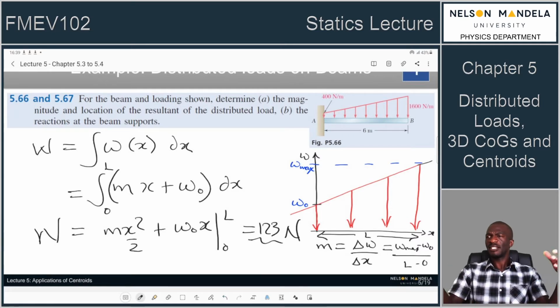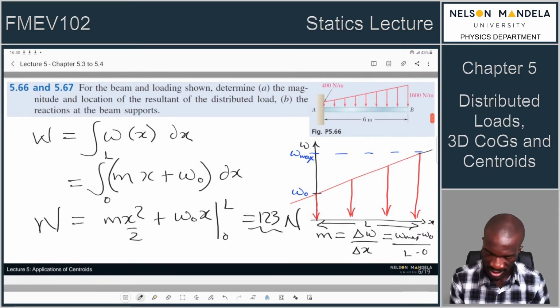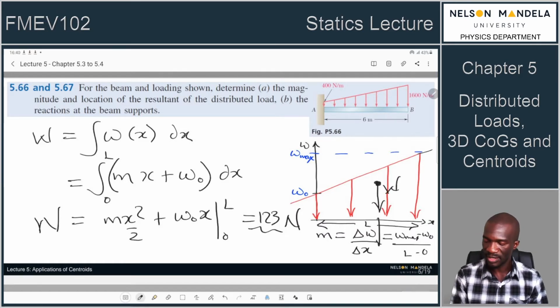If you were to draw it, let's say it's acting somewhere there. Let's just draw the W. By transmissibility, you can draw it here, you can draw it at the top, it doesn't matter. So that's our W, and that's its line of action.